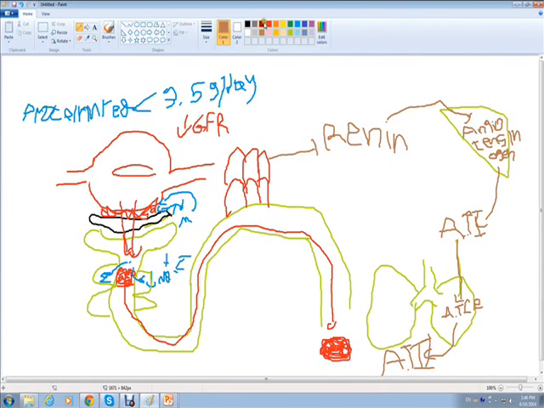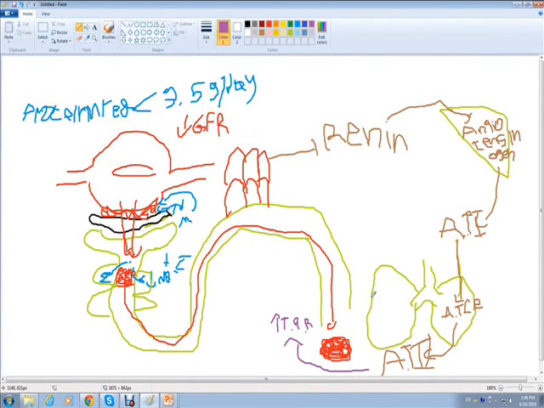Now this will cause a couple of changes. First of all, angiotensin 2 is a powerful vasoconstrictor, so basically it will constrict the arterioles, and the constriction of the arterioles will cause the total peripheral resistance, TPR, to increase.